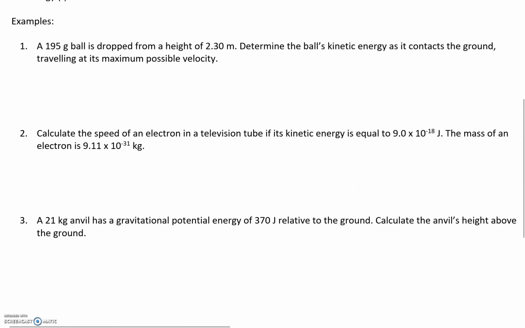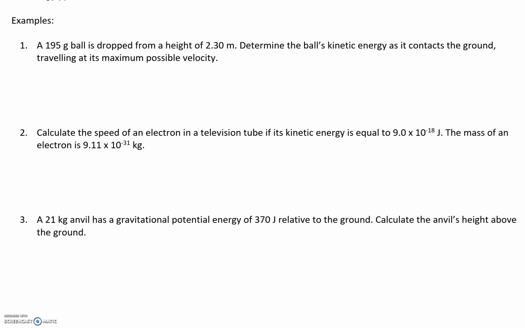All right, the first example. A 195-gram ball is dropped from a height of 2.30 meters. Determine the ball's kinetic energy as it contacts the ground at maximum possible velocity.